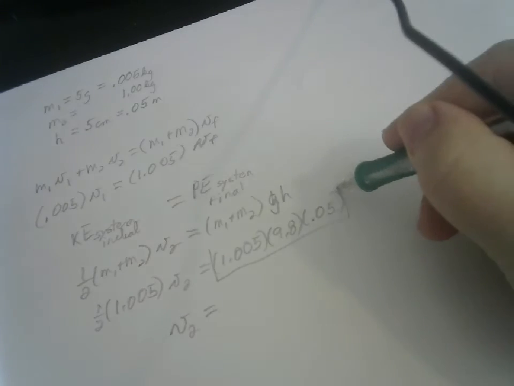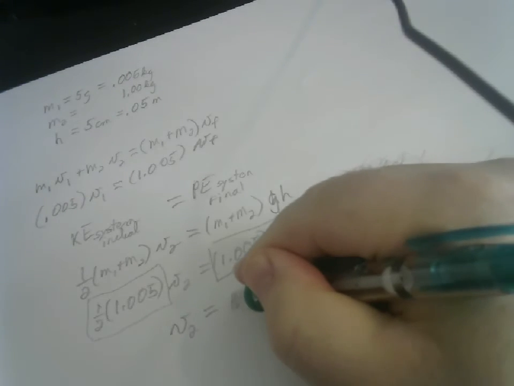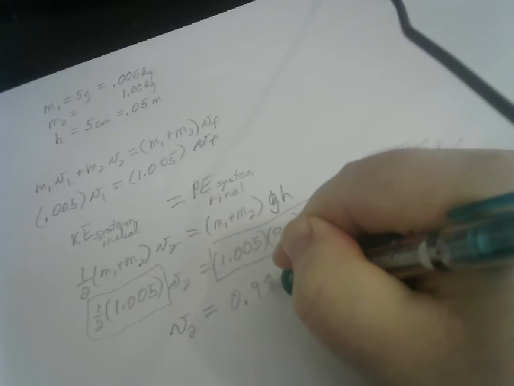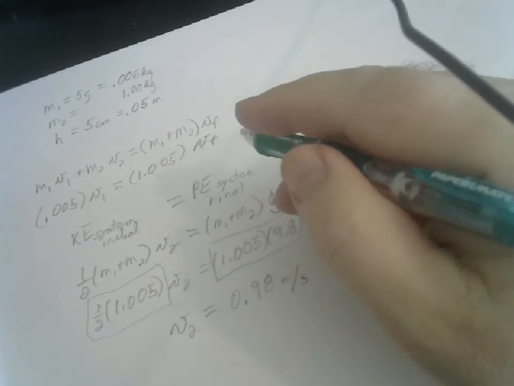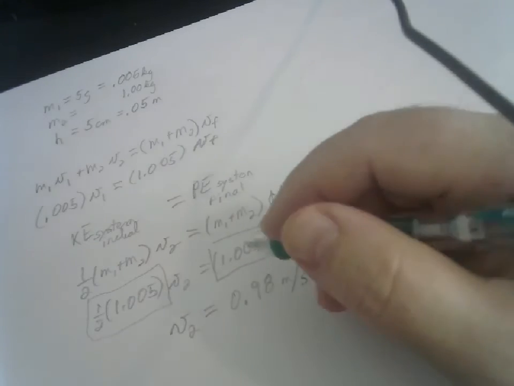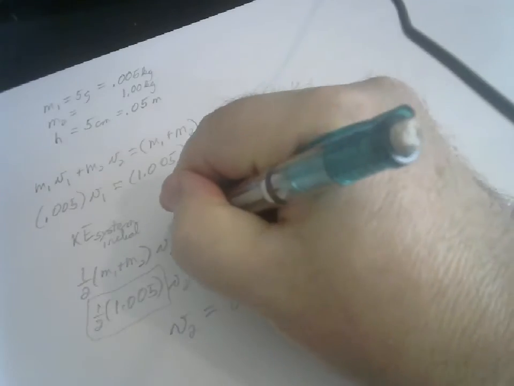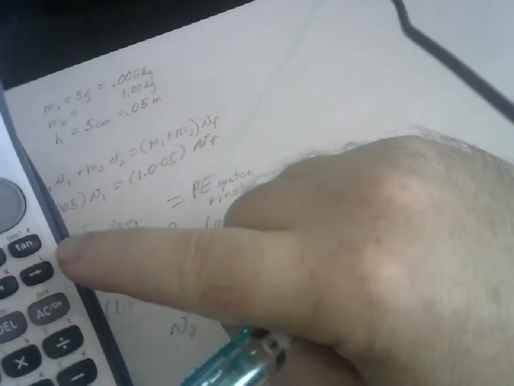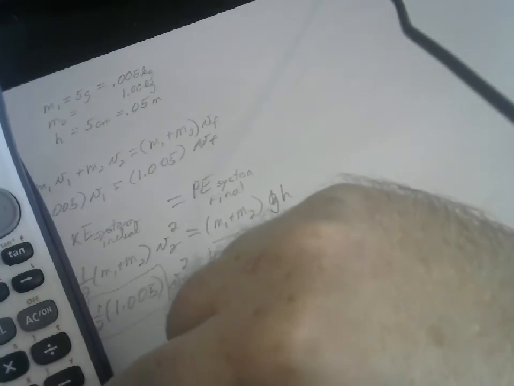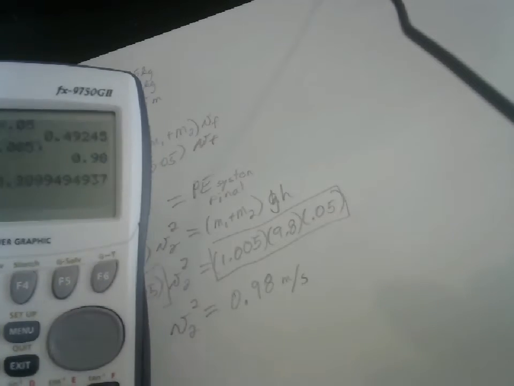Taking this and dividing by this, I got v2 squared equals 0.98. Oops, I forgot the squared. The square root of 0.98 is basically 0.9899.